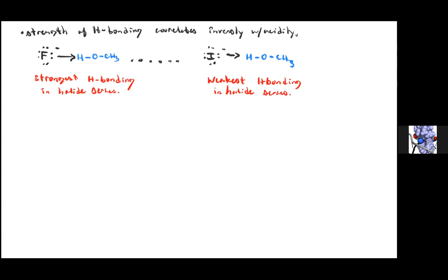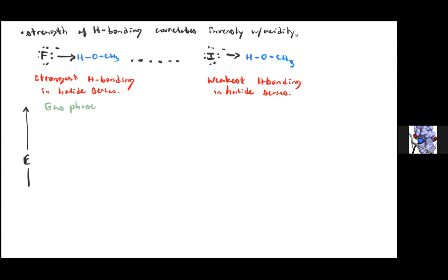And so if we think about what the relative energies of these species would look like, we can compare those energies in the gas phase and then also in methanol. The column on the left here is going to be gas phase, so no intermolecular interactions.